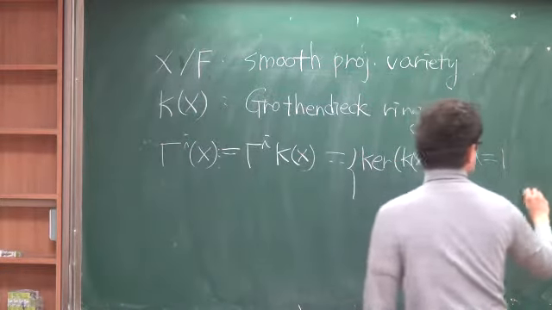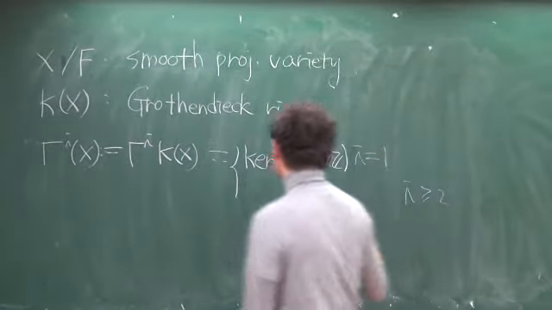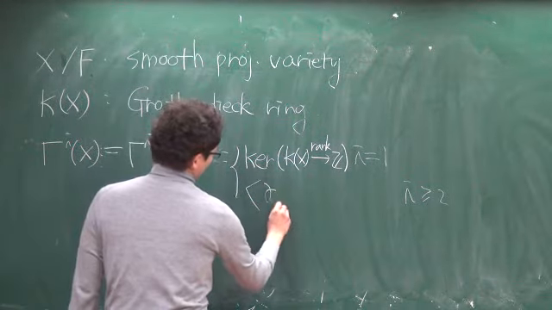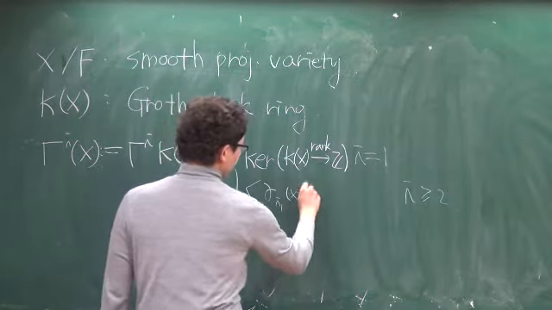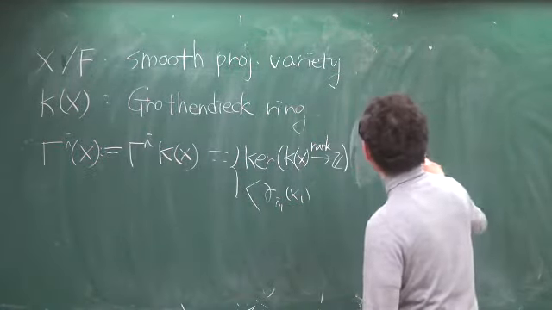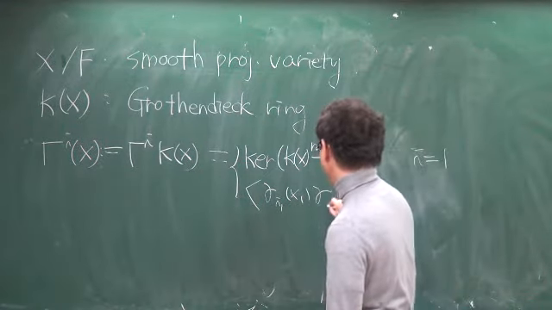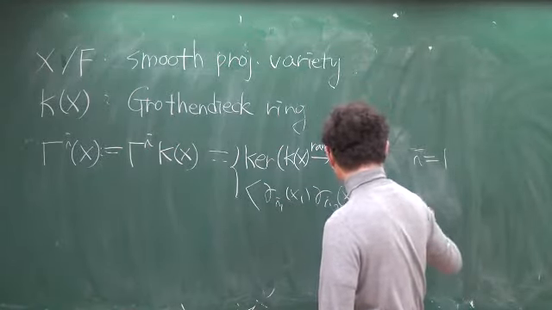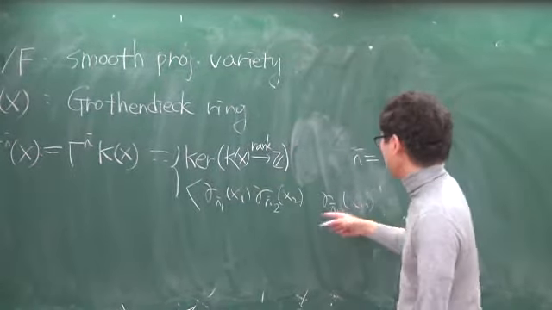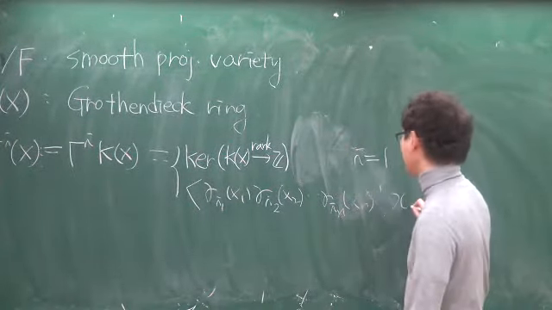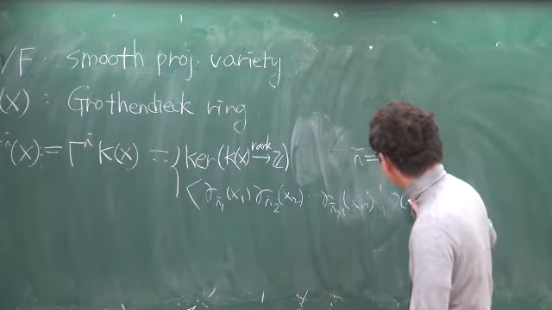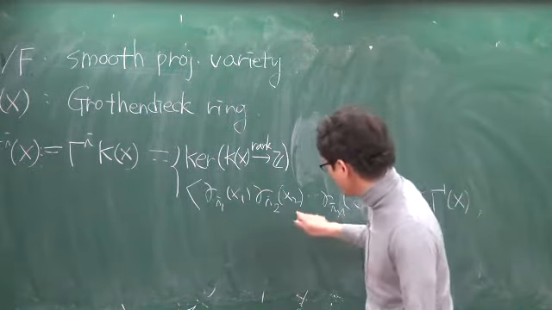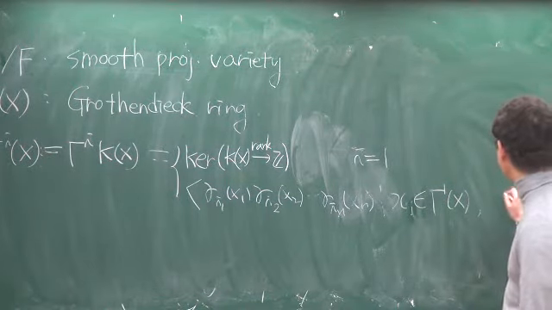And if i is bigger or equal to 2, then it's a subgroup generated by gamma operations, products of x_i and x_j, where x_i is in the first gamma filtration, and the sum of these indices is bigger or equal to i.